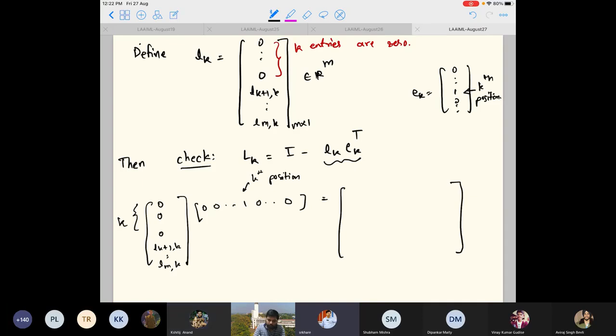This is m by 1, this is 1 by m, so this is m by m. Now I have to find out the entries in this matrix, so I am going to do the matrix multiplication. How will you obtain the first entry, the 1,1th entry of this product LK EK transpose?